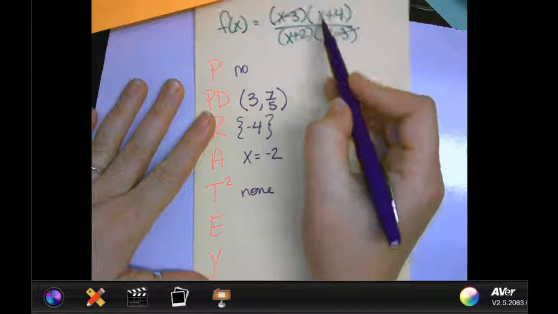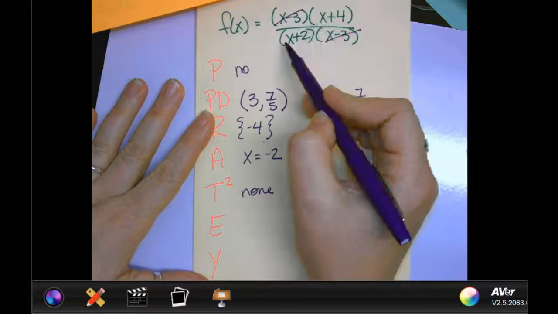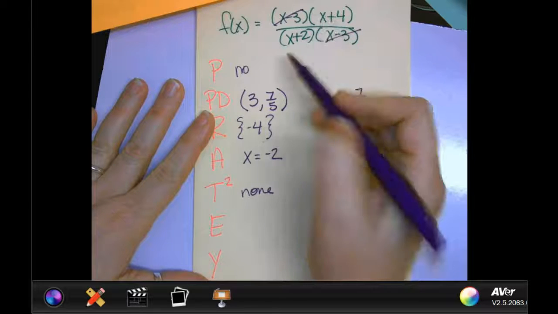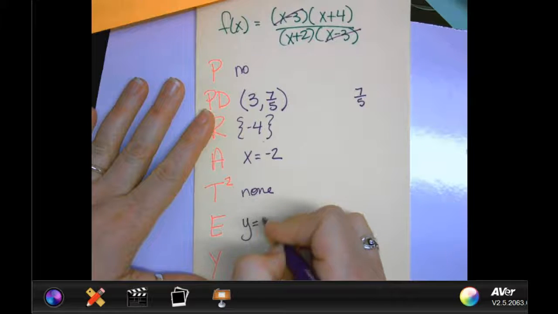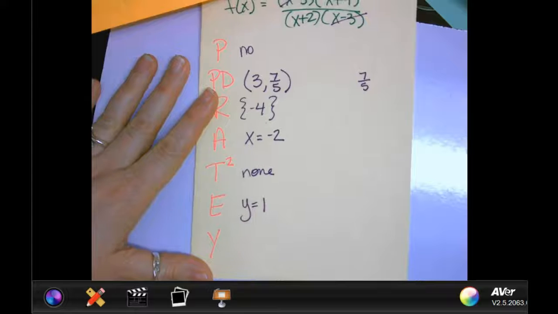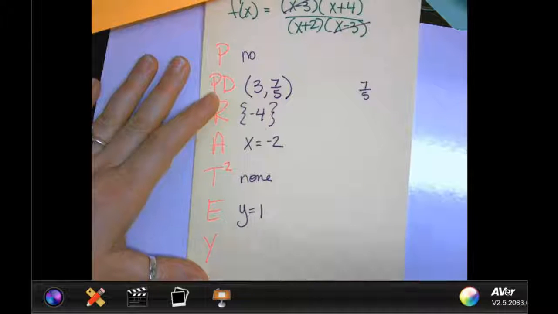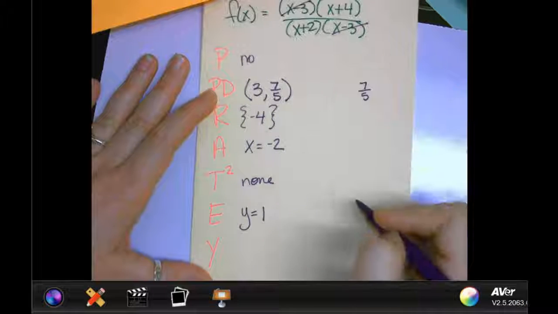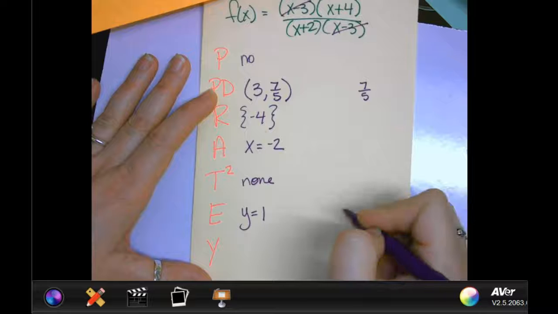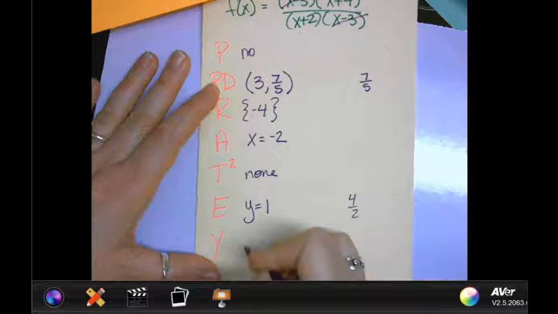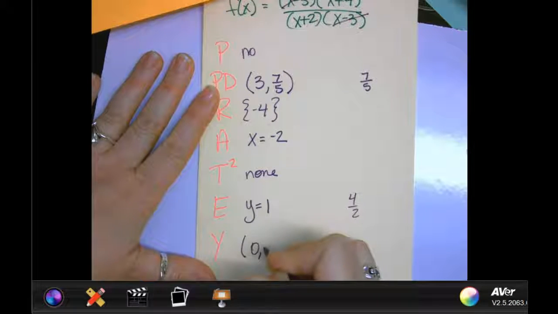Okay, they're tied, so what happens when they're tied? It's the ratio, it's 1, so y equals 1. And so then does it have a slant asymptote? No. Okay, and then the y-intercept, I plug in 0 for x, and I'm going to get 4 over 2, which is 2. So 0, 2.